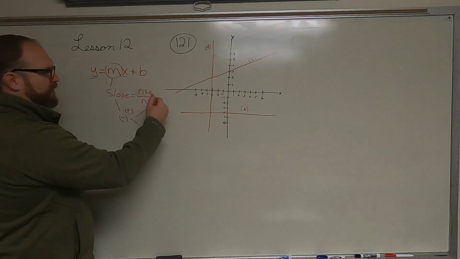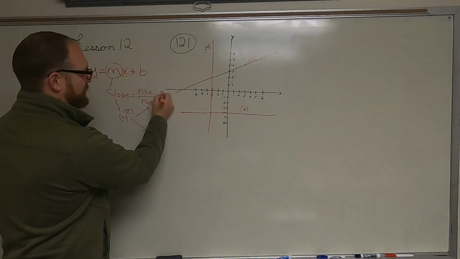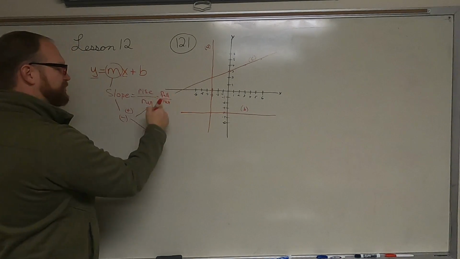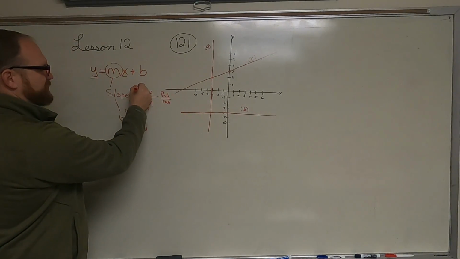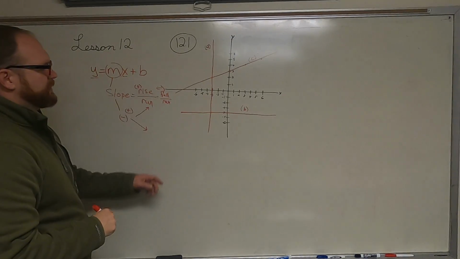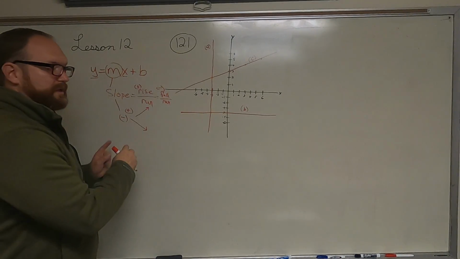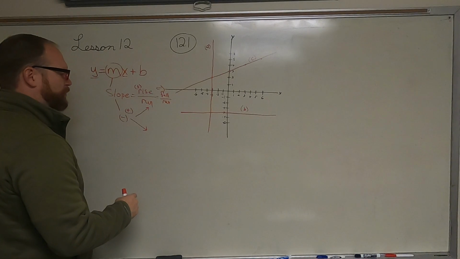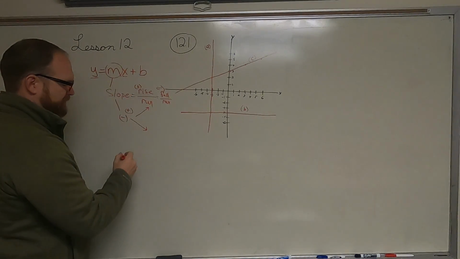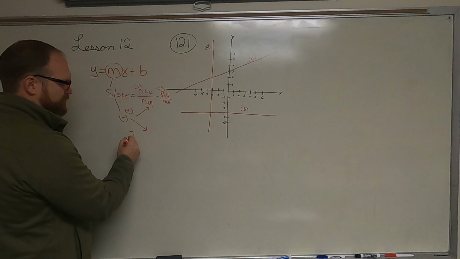Now, we use that term rise over the run. It could also be the fall over the run, the rise or the fall. The rise is if it's positive, and the fall is if it's negative, going down. But the run always moves from left to right. Now, what do we mean by that? Most of the time, our m is going to be a fraction. It could be 2/3.